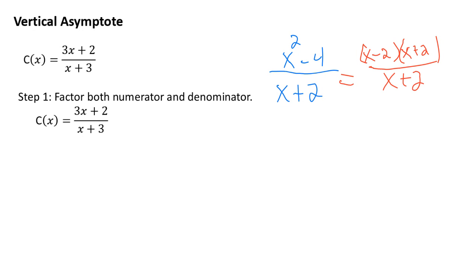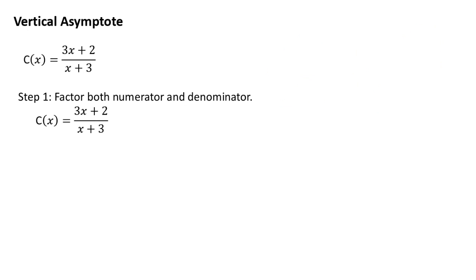Okay, so now I factored the numerator and denominator, and at that point, you ask yourself, do you have any common factors? And we do, x plus 2. We would get rid of these, okay? And that's going to tell you, since I was able to cancel these, that I have a hole in the graph, okay? So let me erase that. But for our example, we're good to go.